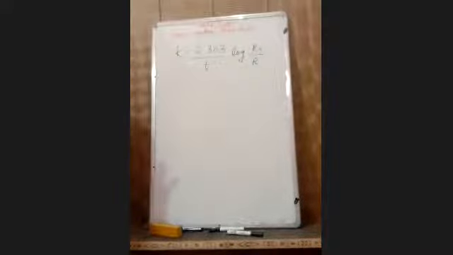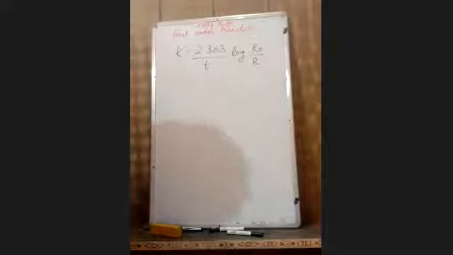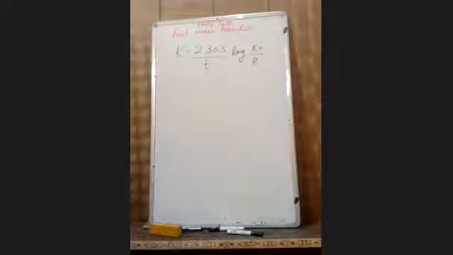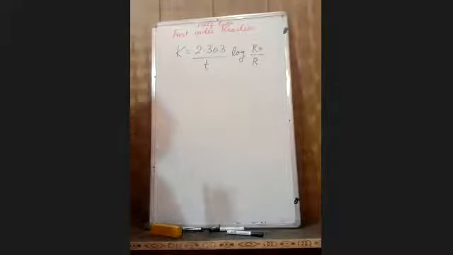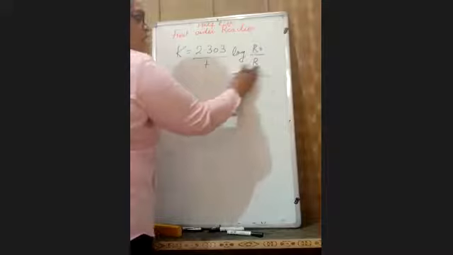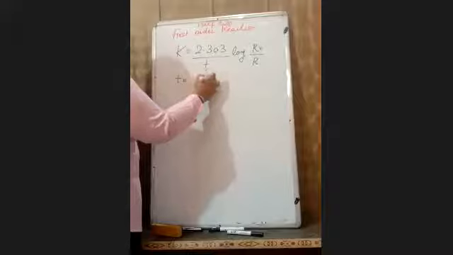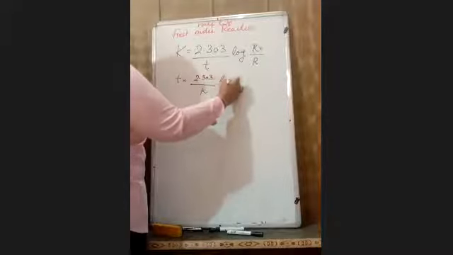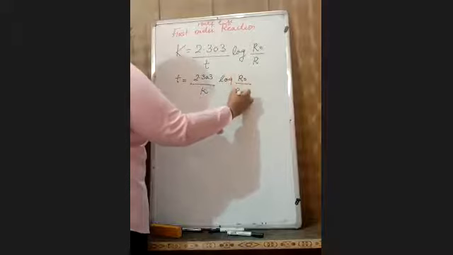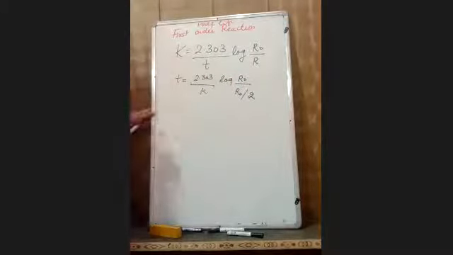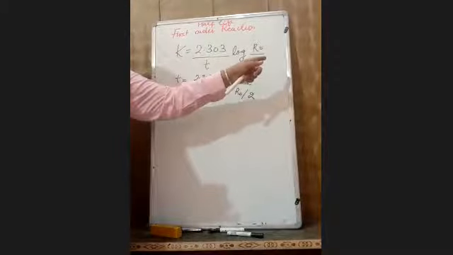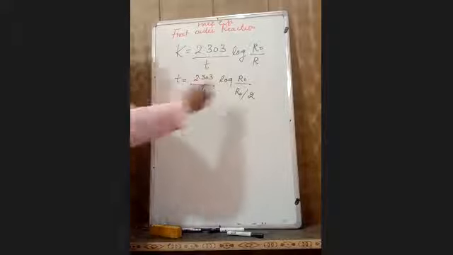Now we have to calculate the half-life. Half-life means the concentration reduces to half. So T is equal to 2.303 over K log R naught over R naught by 2, because the final concentration is half of the initial concentration.